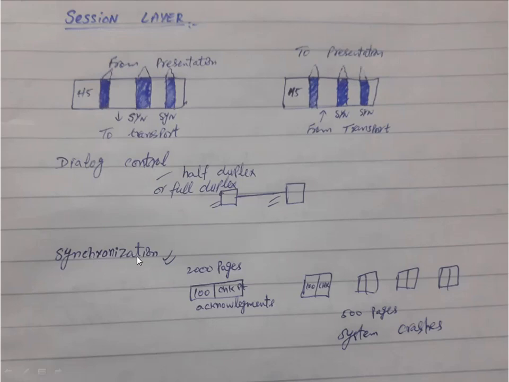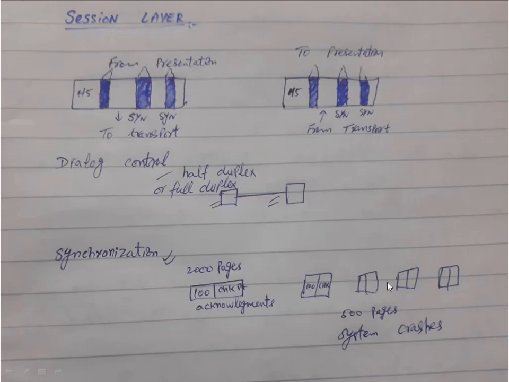What is synchronization? Synchronization means if I want to send 2000 pages at once, we need to make checkpoints. We take a ream of 100 pages, and we put a checkpoint after that, acknowledging that the 100 pages are transmitted successfully. In the same way, the next 100 pages, and after that we have a checkpoint.